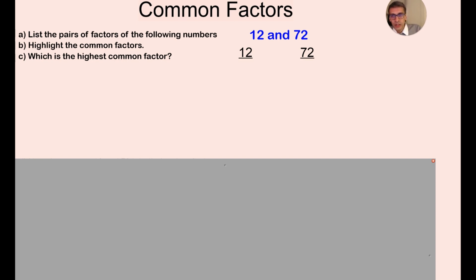Okay, so I'm going to start listing the factor pairs of 12 now. So 1 times 12, 2 times 6, 3 times 4. And then for 72, 1 times 72.